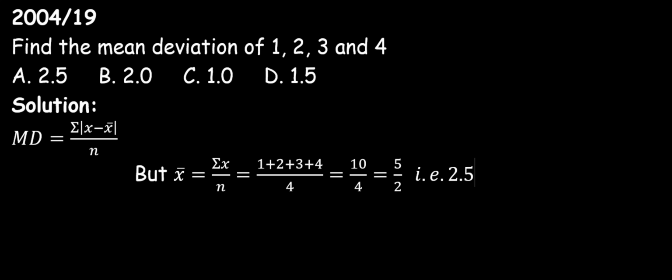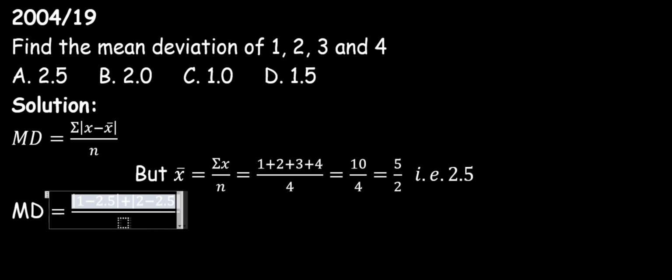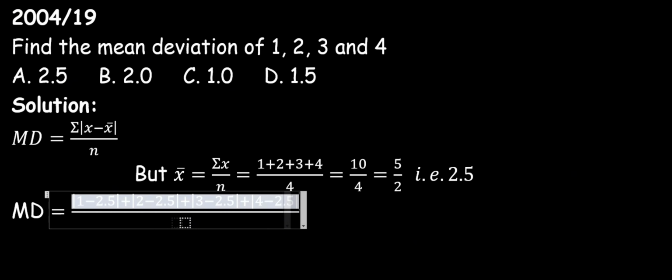Next, we can now say our mean deviation, MD, will be equal to the absolute value of 1 minus 2.5, plus the absolute value of 2 minus 2.5, plus the absolute value of 3 minus 2.5, plus the absolute value of 4 minus 2.5, all over 4.